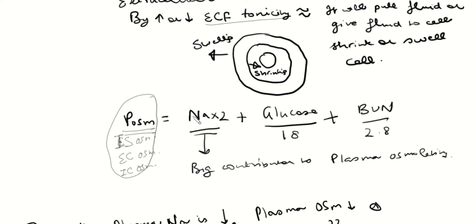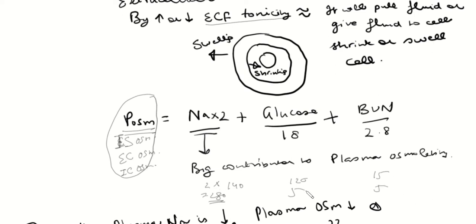So again, plasma osmolarity is 2 times sodium plus glucose divided by 18 plus BUN divided by 2.8. So what's the biggest contributor to plasma osmolarity? Let's say I have sodium at 140, glucose at 120, and BUN at 15. When you do the calculations, right off the bat, sodium gives you 280. Glucose gives you maybe 5, and BUN gives you maybe 5.